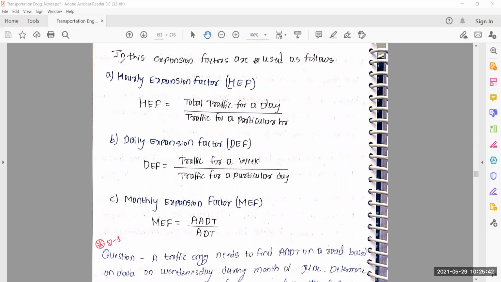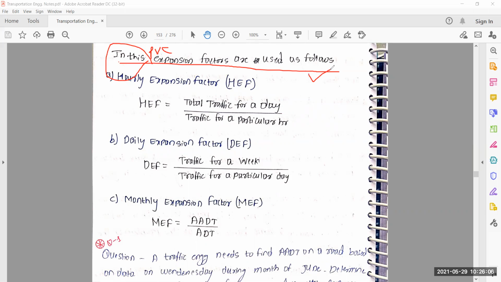In periodic volume count, expansion factors are used as follows.